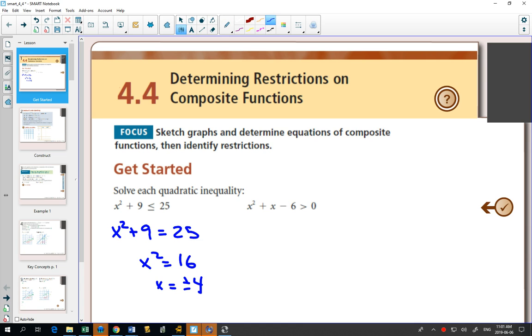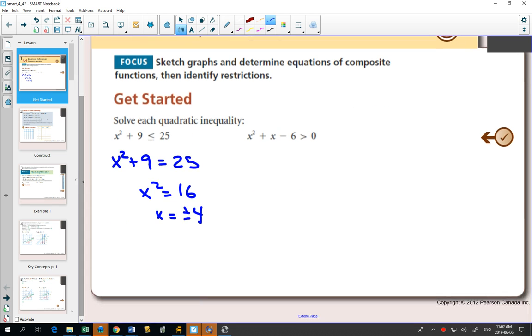Negative 4 and 4 are where it's equal. We need to find out if there are other values that work. If you tried 0, does it work? Is 9 less than or equal to 25? Yes. So if you try 0, it works.